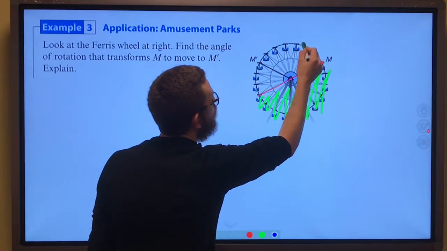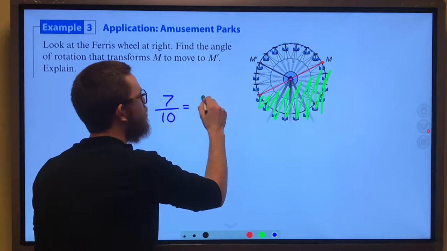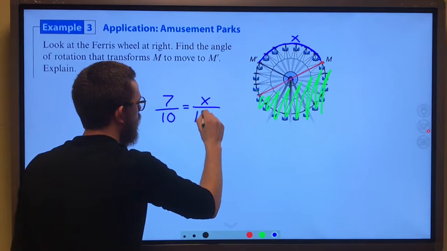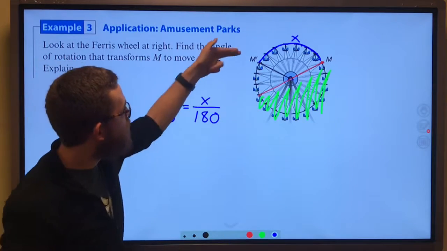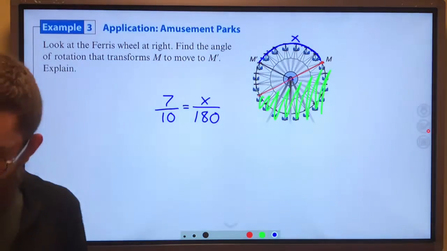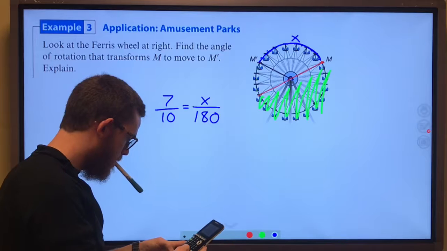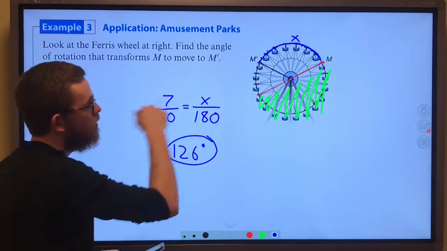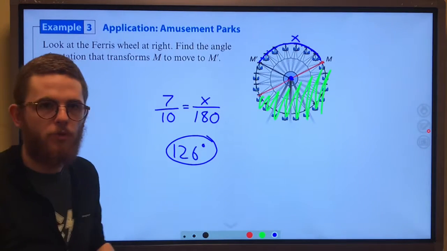And this angle is 7 out of those 10 spaces. This is representing some angle out of 180 degrees, because all 10 spaces would be 180 degrees. That's half our circle. But this is 7 spaces between M and M prime. So if I do a little cross product, a little math there, we get 126 degrees to take M, rotate it about this point, and get it to M prime. There's a rotation of 126 degrees.